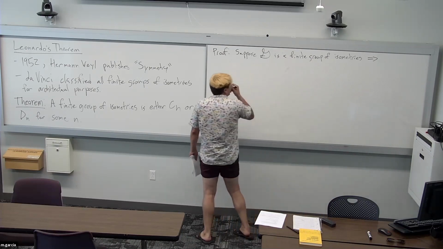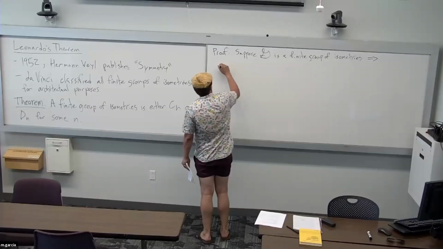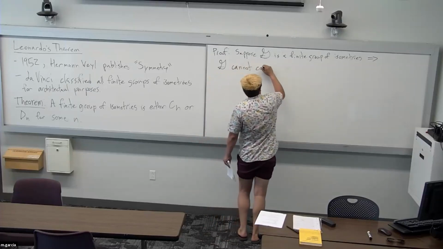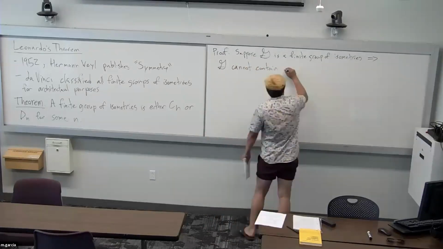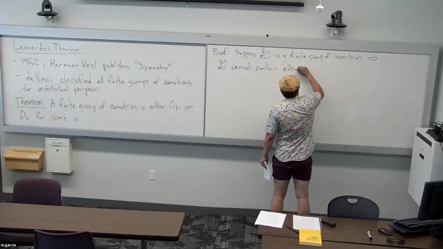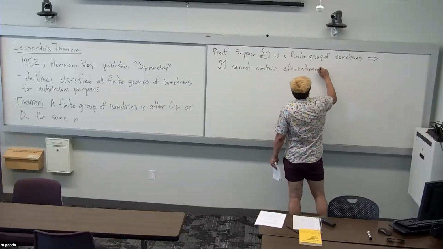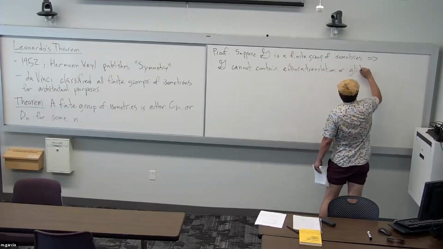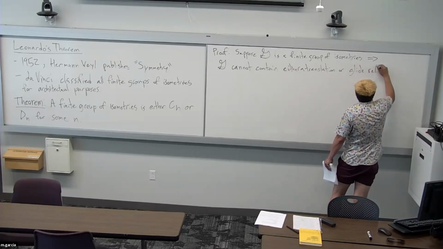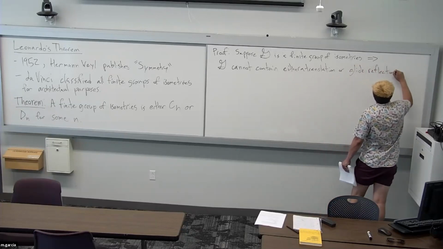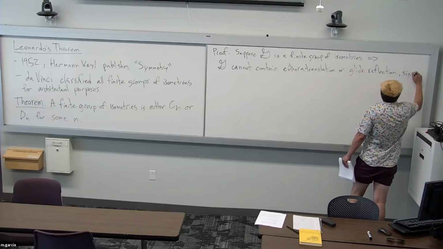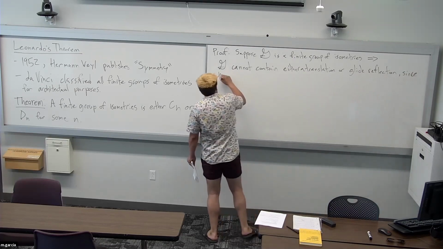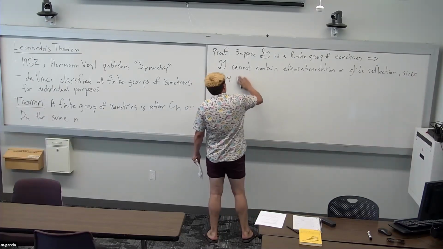So because we're assuming G is finite, we know that G cannot contain either a translation or glide reflection, since each of these types of isometries generate infinite cyclic groups.